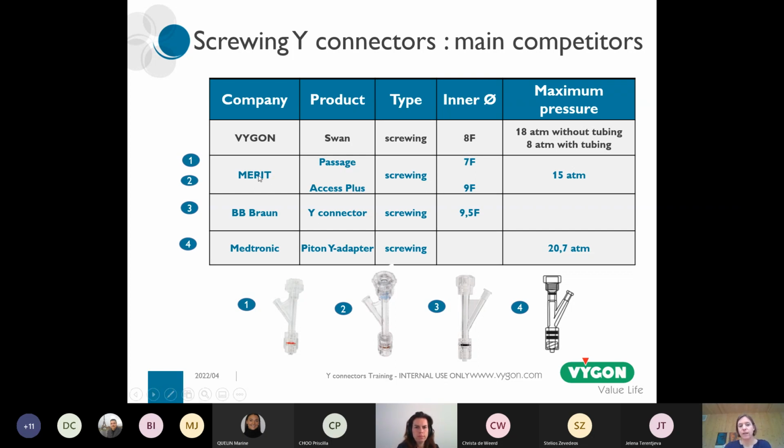We have Merit, which has two Y connectors, the Passage and the Access Plus. Passage is 7 French and Access Plus is 9 French. There is the Y connector from Bibron, and you have the Python Y adapter from Medtronic. And as I said, a lot of other competitors.